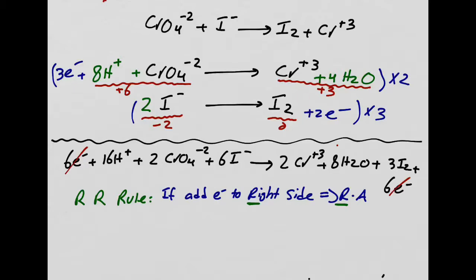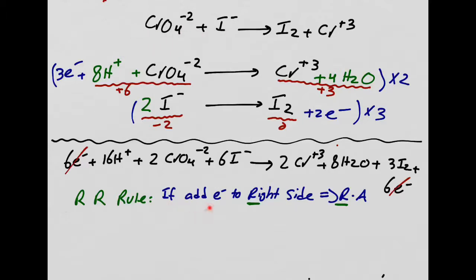So let's come over here. Pay close attention. I added electrons to the left side here. I added electrons to the right side. If I add electrons to the right side, that means this is my reducing agent. Remember, the agent has to be one of these two because the agent has to be on the reactant side.